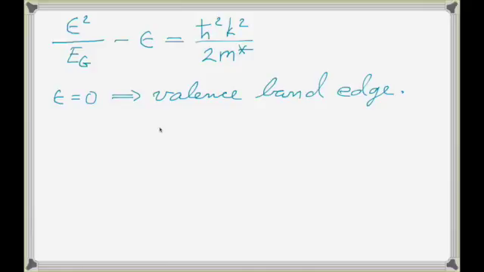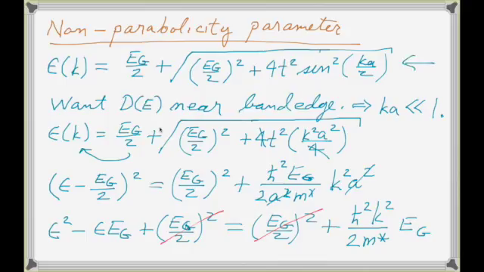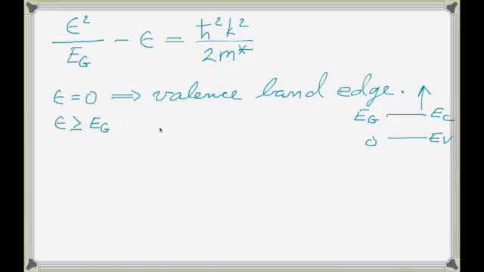Right now we have this situation, 0 and Eg for the valence band edge and the conduction band edge. I want my conduction band edge to be at E equals 0. We only care about epsilon greater than or equal to the band gap, because this is the dispersion for the conduction band, not the valence band.